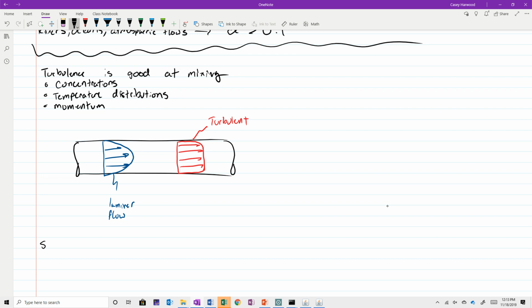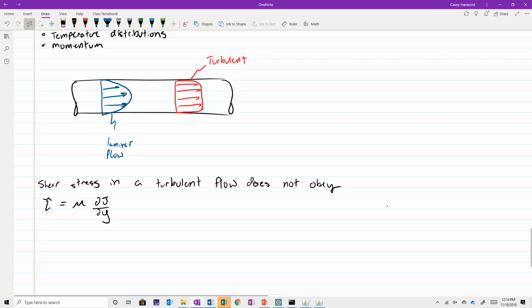So shear stress in a turbulent flow does not obey our tau equals mu du dy formulation. Or at least, I shouldn't say that. It does obey that. Let me rewrite this a little bit.